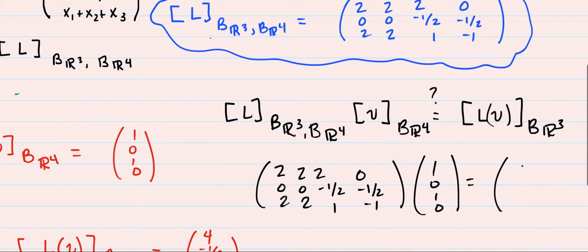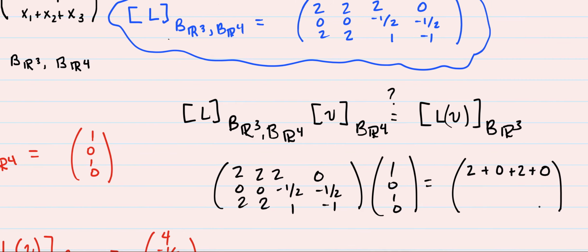So this is 2 plus 0 plus 2 plus 0. Okay. Then we get 0, 0, negative 1/2. Actually, I can write that out just to make sure you see it.